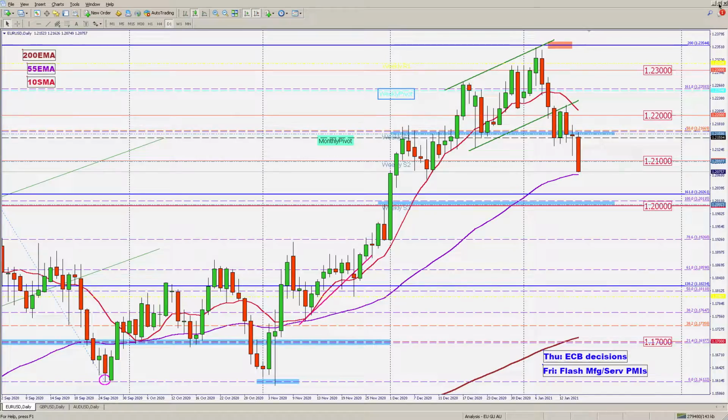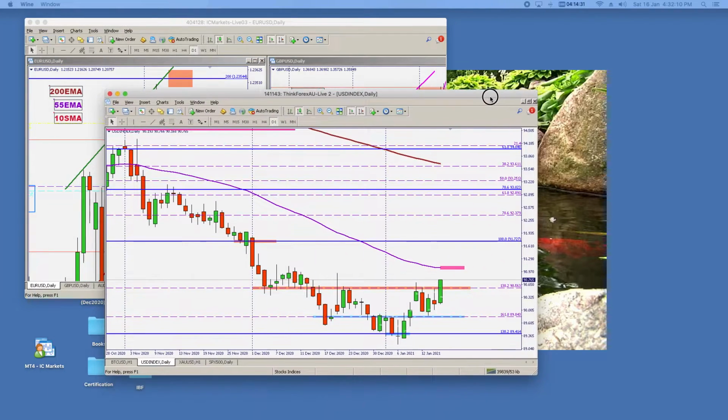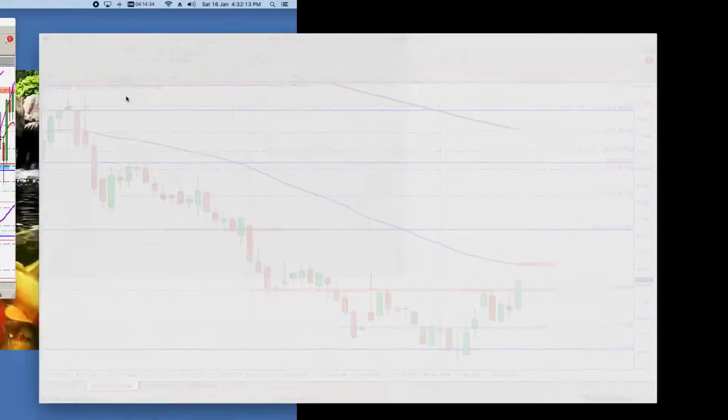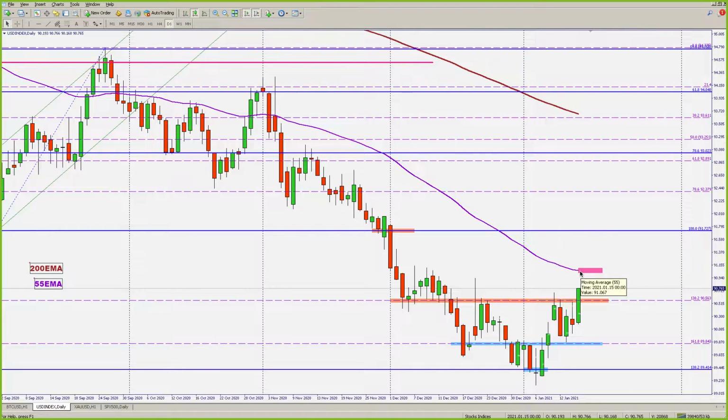And this is also principally due to the recovery of the US dollar. This is the US dollar index, where after initially attempting to break through this 138 pip resistance level, it has pulled back and then finally broke through on the Friday, and it seems to be trying to target the daily 55 EMA at around 91.